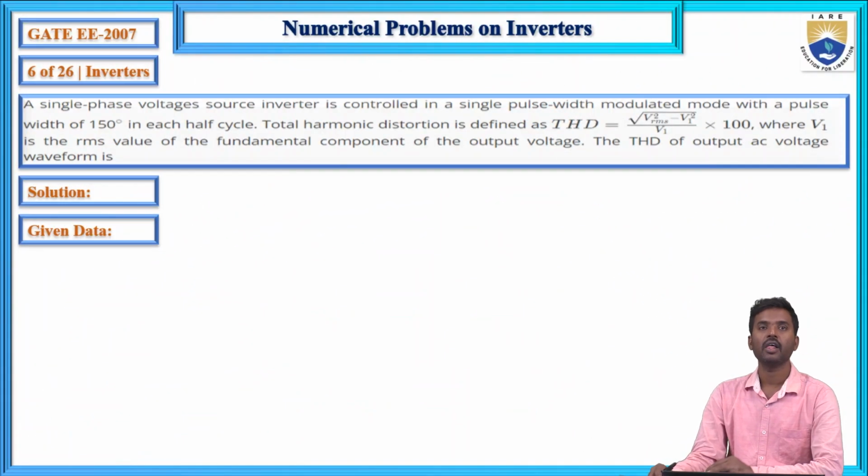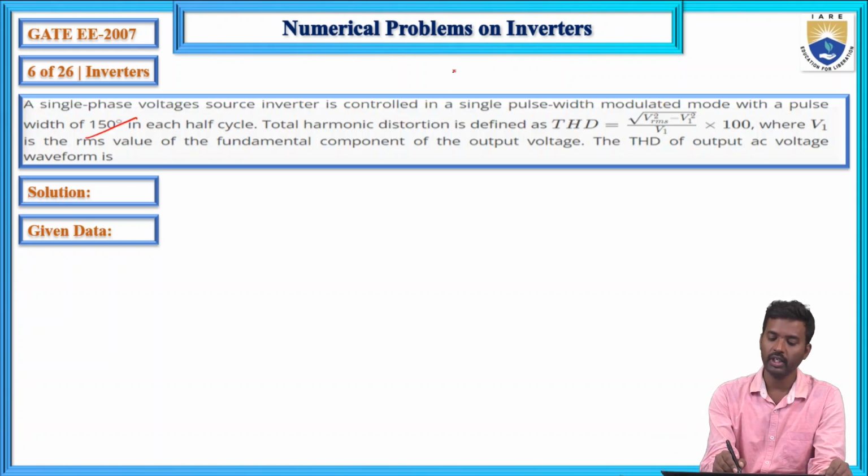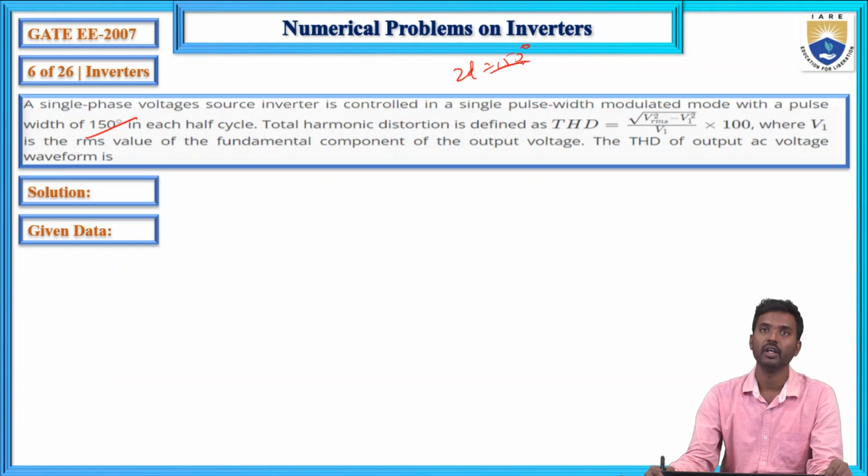And next, the sixth question: a single phase voltage source inverter is controlled in a single pulse width modulated mode with a pulse width of 150 degrees. So 2D equals 150 degrees in a half cycle. So the total harmonic distortion.